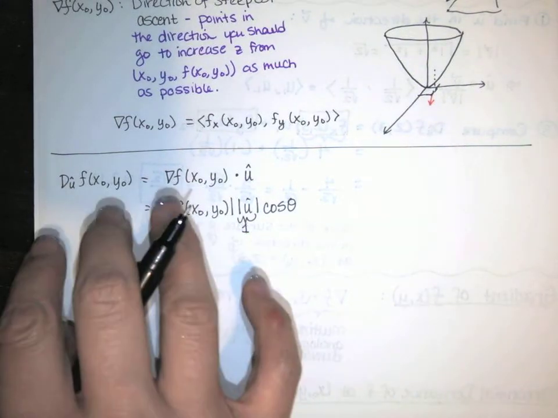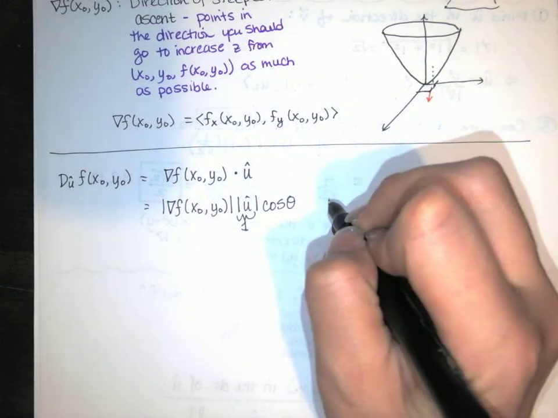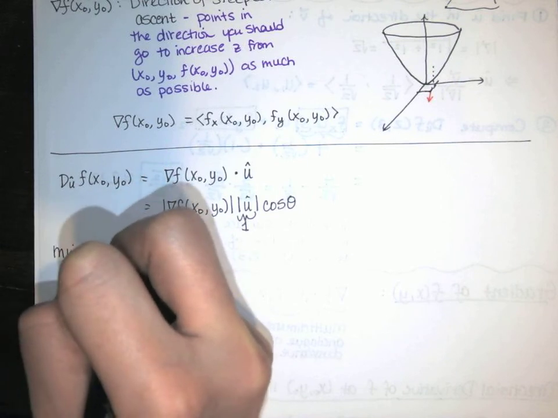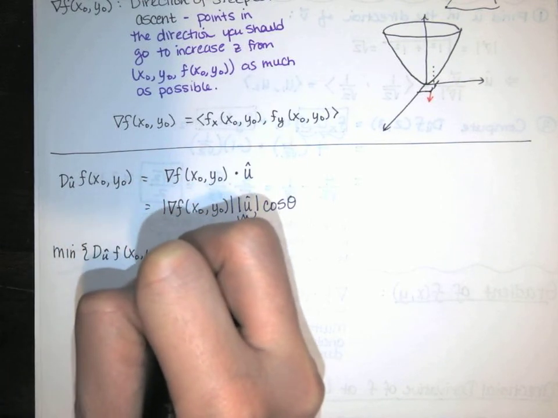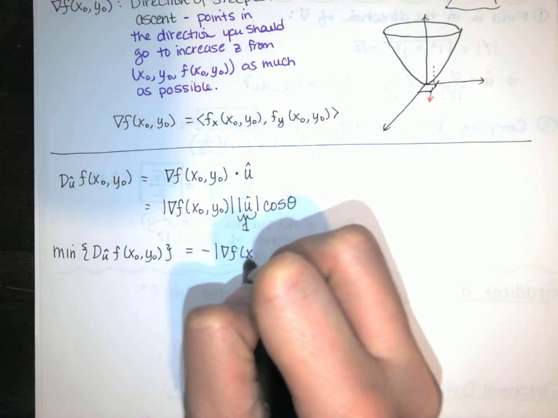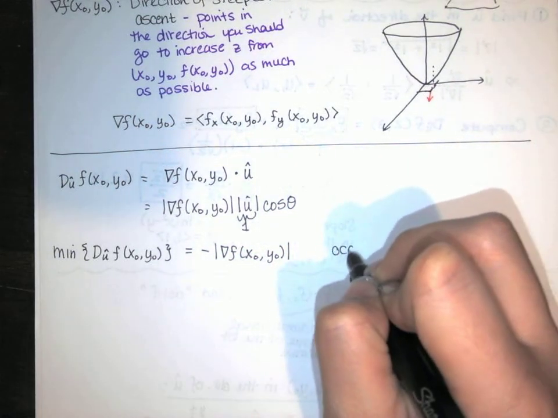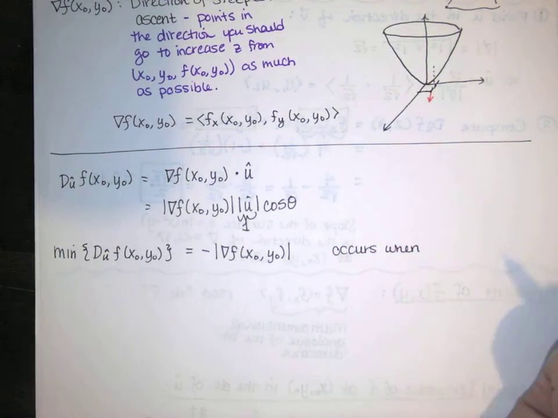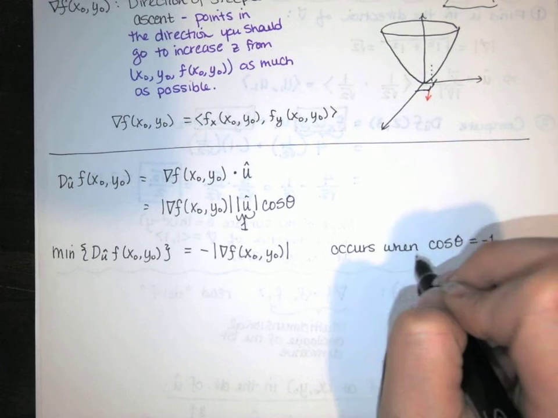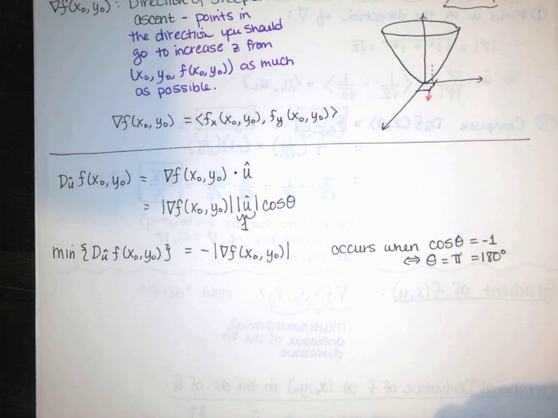So the smallest that this directional derivative could possibly be occurs when cosine of theta equals -1. So the minimum value of the directional derivative is this times -1, and again that occurs when cosine of theta is -1, which is when theta equals pi radians or 180 degrees, whichever one you prefer.